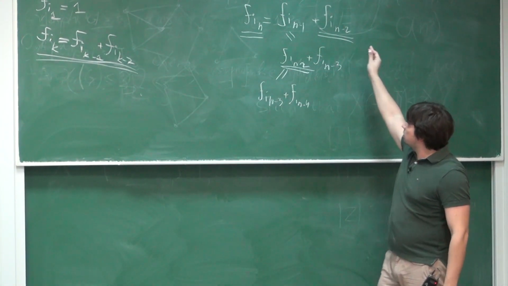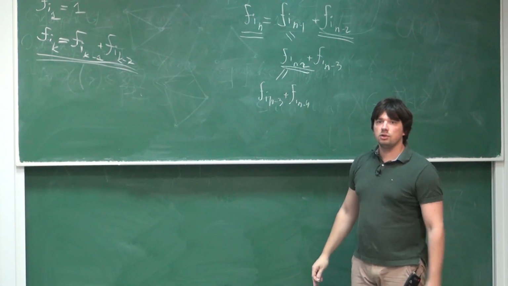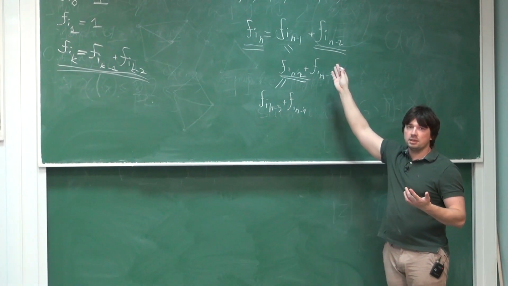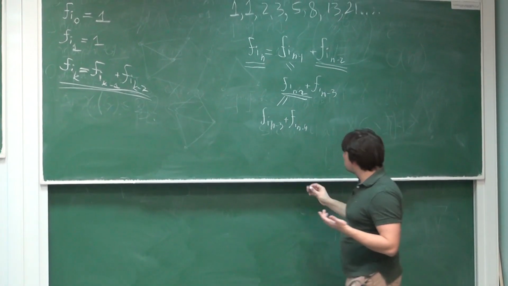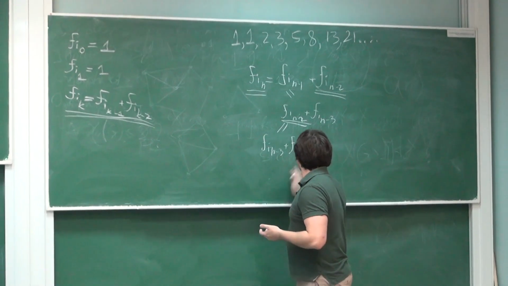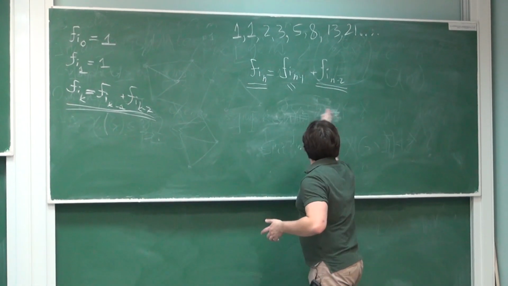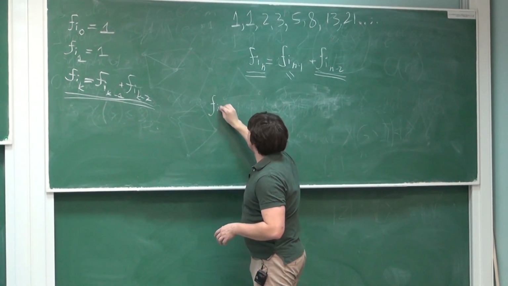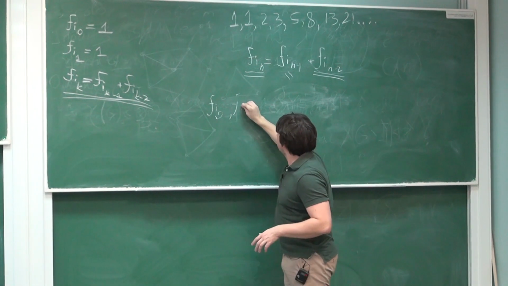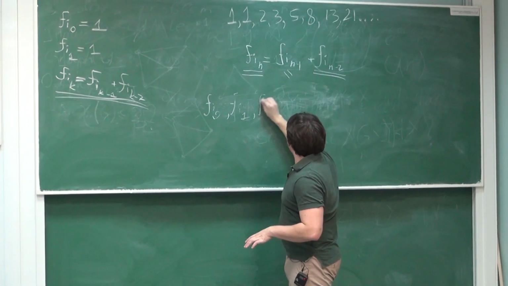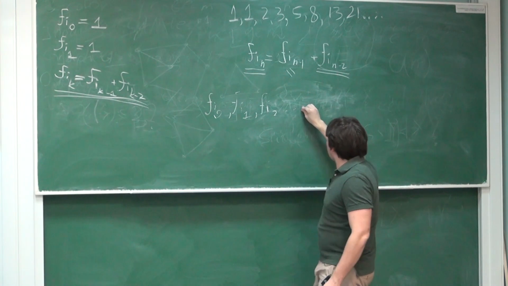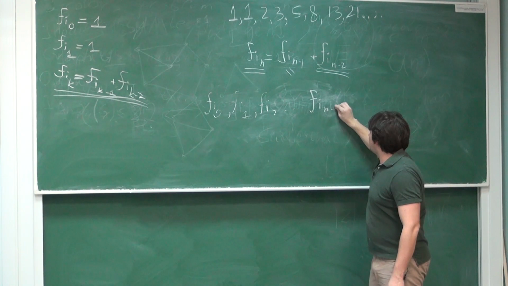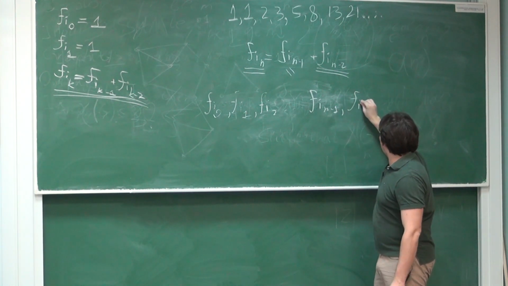So what you do instead, you don't do that. You don't just say, hey, I have a definition of what phi n is. Instead, you start small, right? So you compute phi 0, phi 1, phi 2, and so on, until you get to phi n minus 1, phi n.